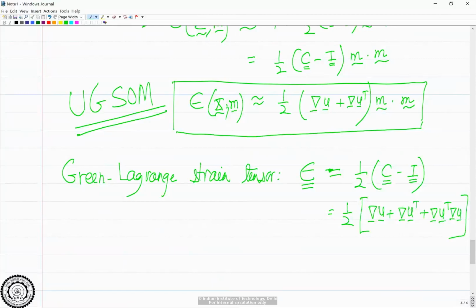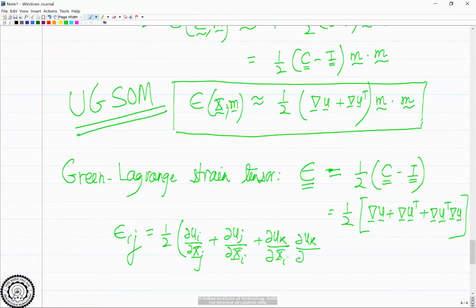Basically, you can also say that epsilon ij is then equal to half of del ui over del xj plus del uj over del xi plus del uk over del xi into del uk over del xj.